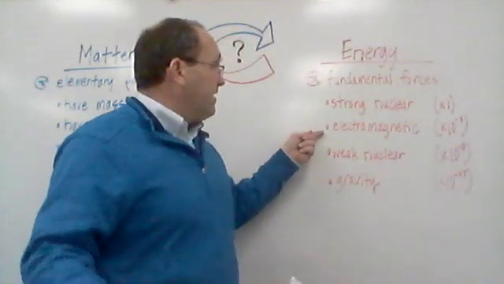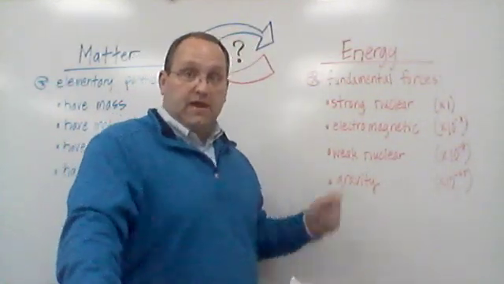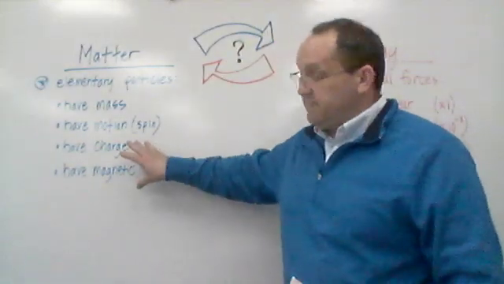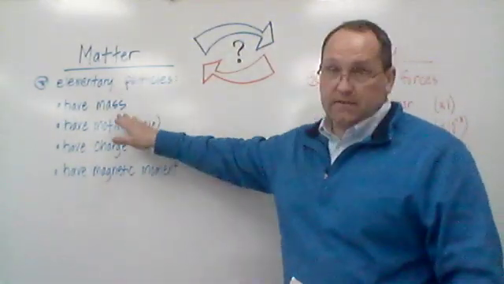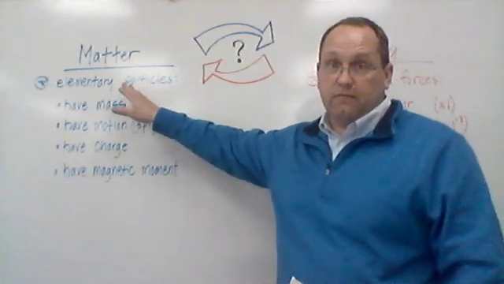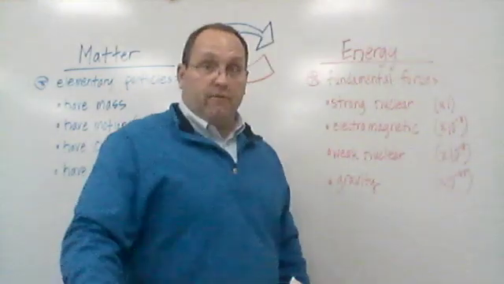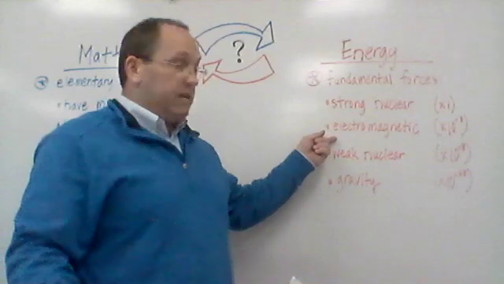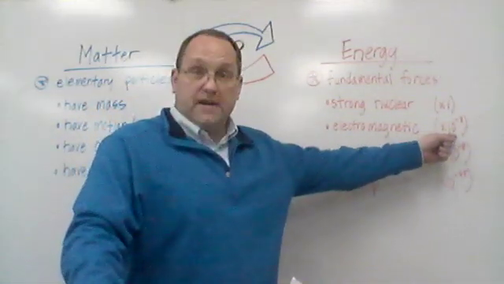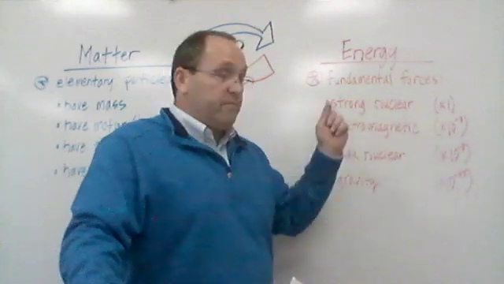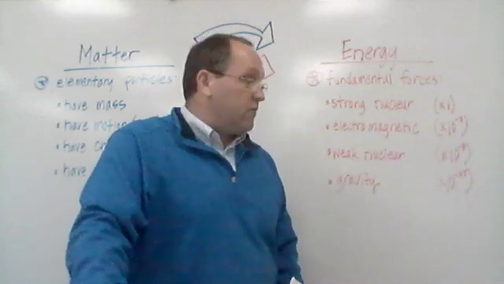We have an electromagnetic force. This is the combination of that electric charge and magnetism inherent in matter itself. This creates a force, and as we notice here, second on the list, it's a rather strong force, only 3 decimal places removed from the strong nuclear force.